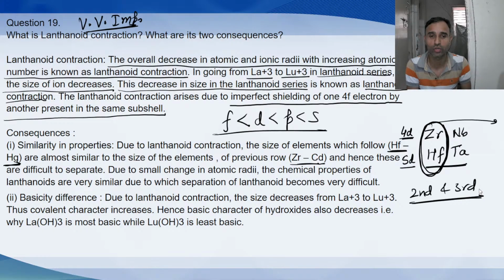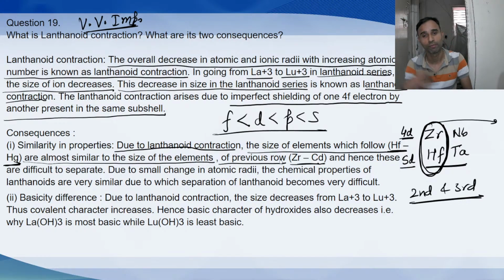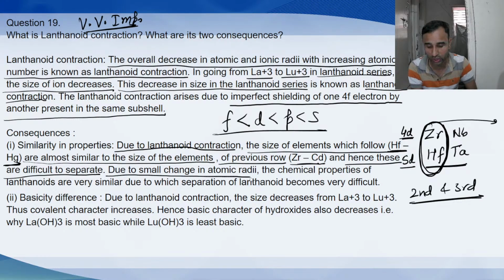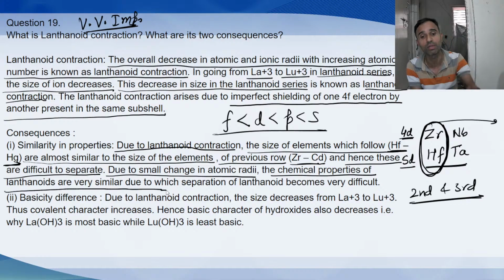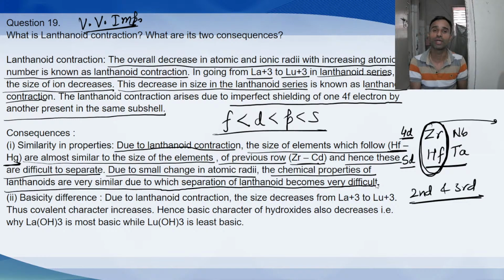See, due to lanthanoid contraction, the size of the elements from hafnium to mercury is almost similar to the size of the elements of the previous row, that is zirconium to cadmium, and hence these are difficult to separate because they have almost the same size, so they have almost similar properties. And due to small change in atomic radii, the chemical properties of lanthanoids are also very similar, due to which separation of lanthanoids becomes very difficult.